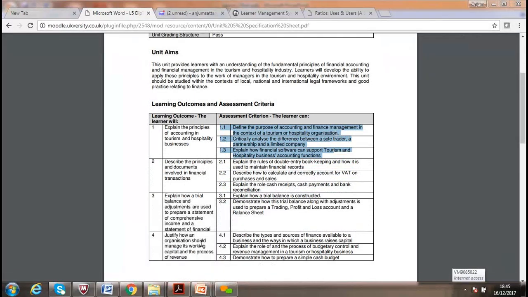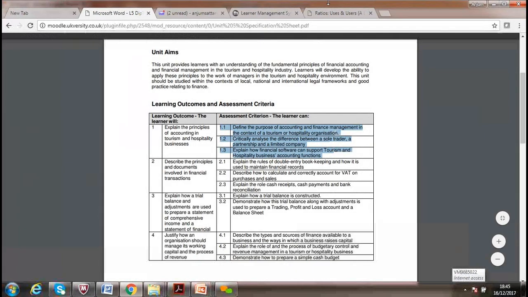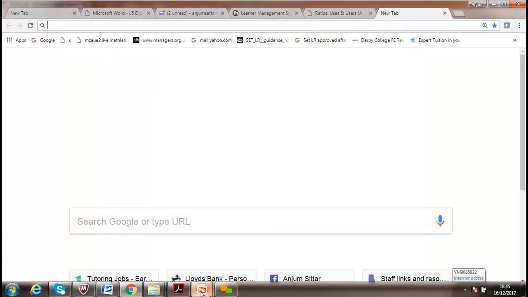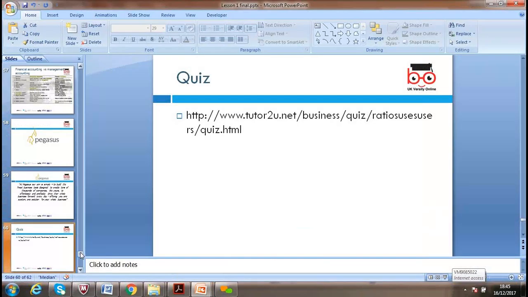This book is already on Moodle, so please follow it where you can find the information. Another website is called Open Tuition. Tutor2u. I put the links in my slides as well, so that will help you.